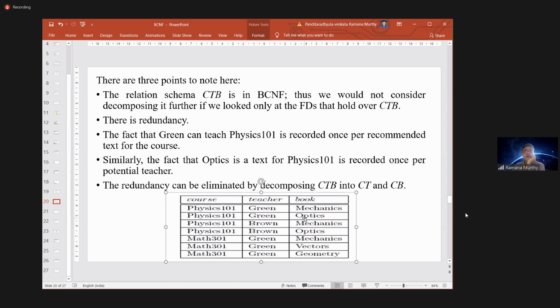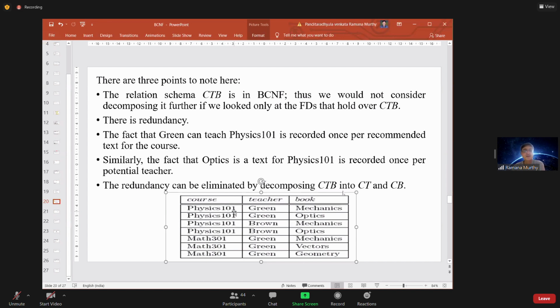We call it a multi-valued redundancy. But the redundancy can be eliminated by decomposing the table into two tables, CT and BT. What is the problem here? For a set of values, you are unable to identify functional dependencies.